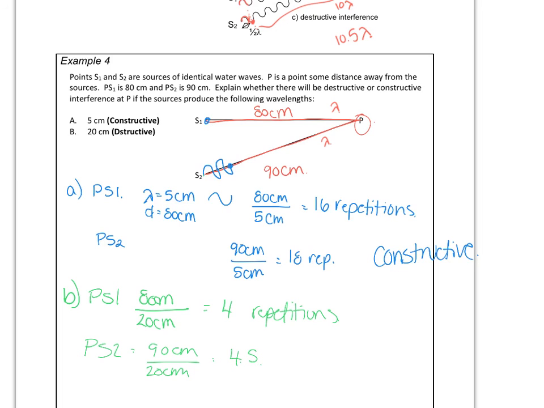That means S2 will be going into a trough as S1 is starting at a crest. Because the wave from S2 will be halfway through, it'll be in the opposite position. So these are destructive.